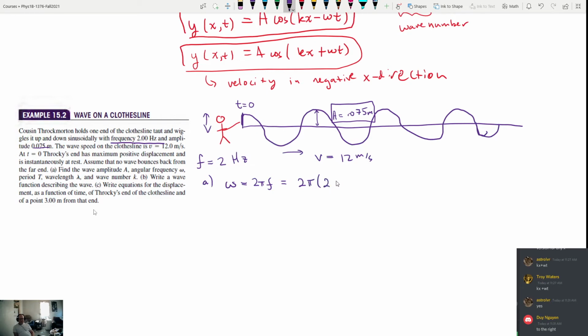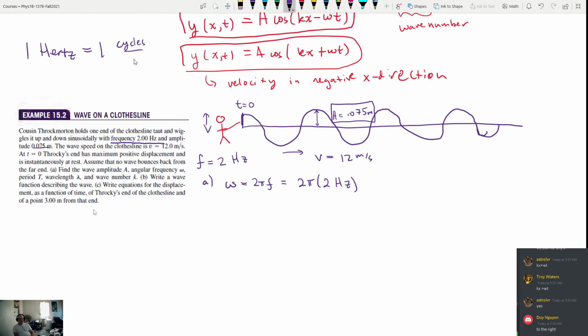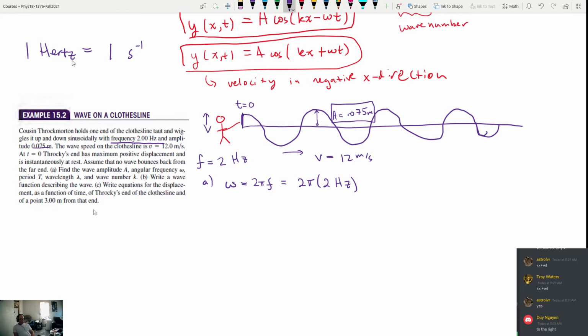By the way, frequency is usually measured in hertz, and 1 hertz is equal to 1 inverse second, or sometimes written as cycles per second, but that's not really necessary because cycles isn't really a unit. It's named after, I think his first name is Heinrich, I could be wrong.